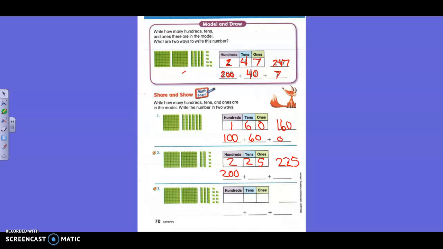What's in the tens place? 20. You say 20, don't you? 220 and 5. So you say 20 and 5. Okay, but I want to do one that might trick you. Okay? I want to do one that might trick you. Okay.